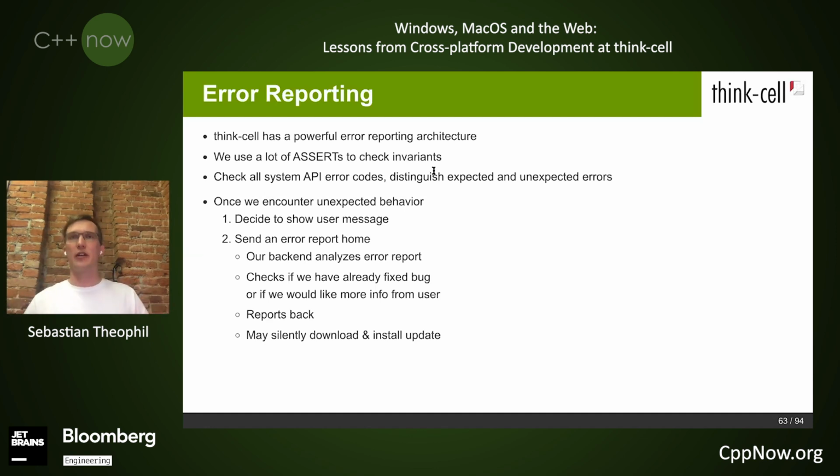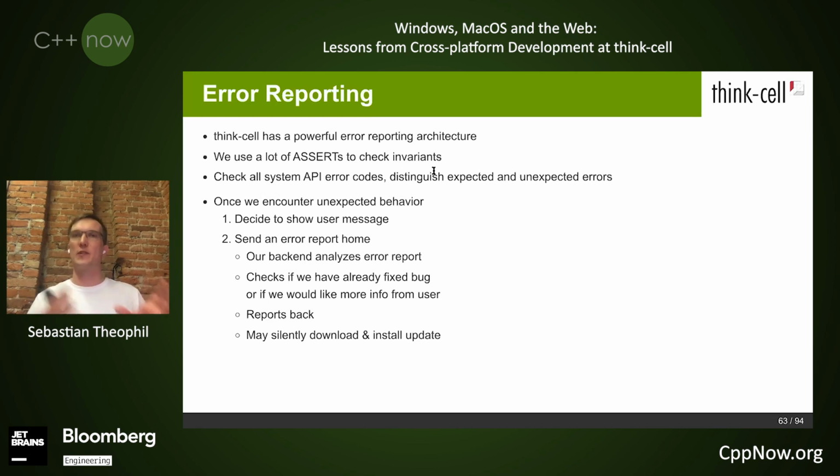So our error reporting architecture checks for unexpected return values and then sends an error report. And that error report is sent to our backend servers, which analyze that error report. And it might check if we have fixed that error. Have we seen that before? Have we fixed it? In which build of our software have we fixed that problem? Or do we need more information from the user to diagnose the issue?